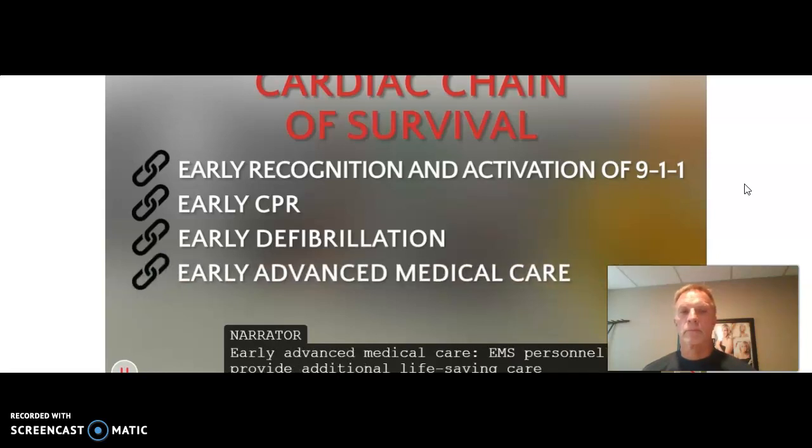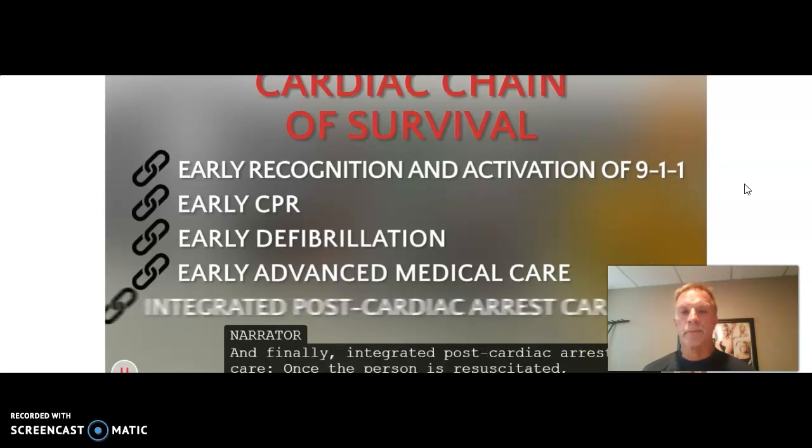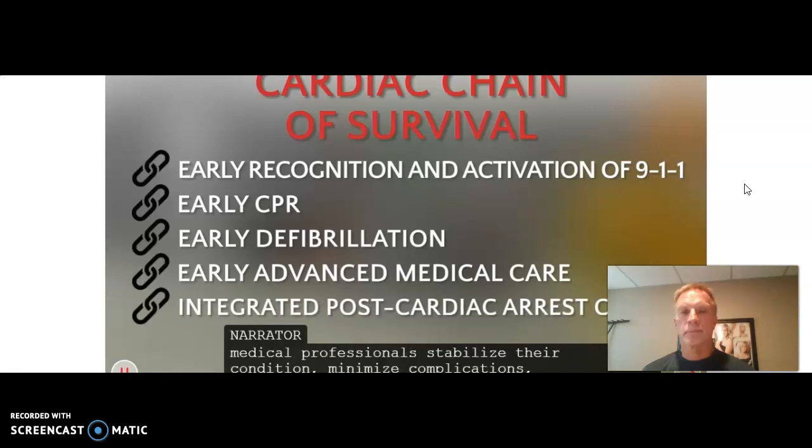Early advanced medical care: EMS personnel can provide additional life-saving care and transport the person to the hospital for more advanced care. And finally, integrated post-cardiac arrest care. Once the person is resuscitated, medical professionals stabilize their condition, minimize complications, and diagnose and treat the cause of the cardiac arrest.